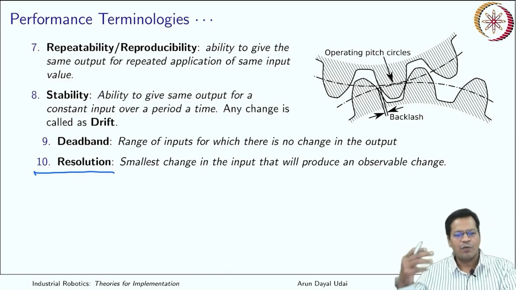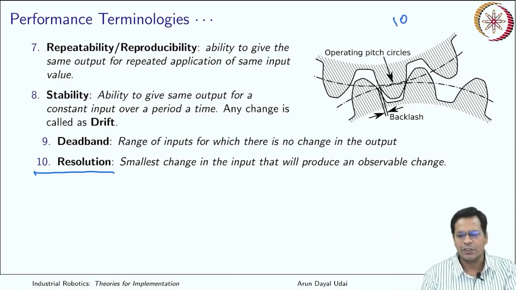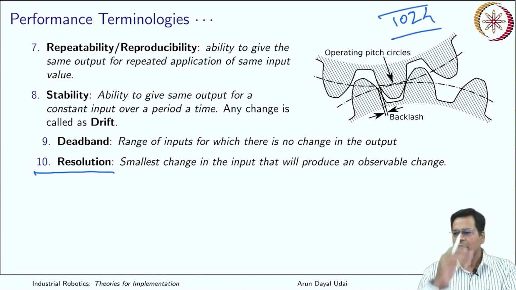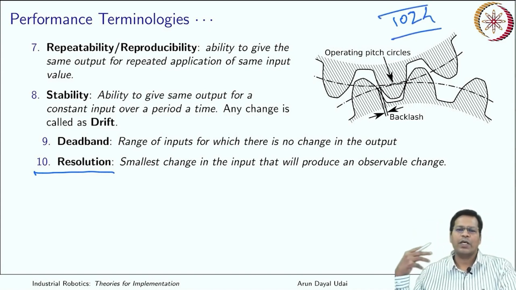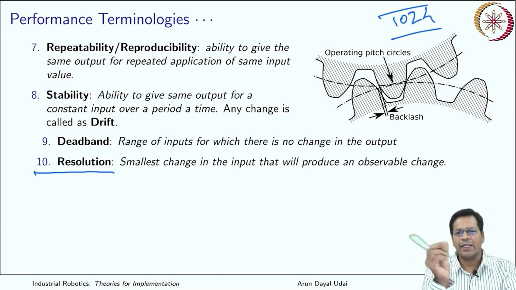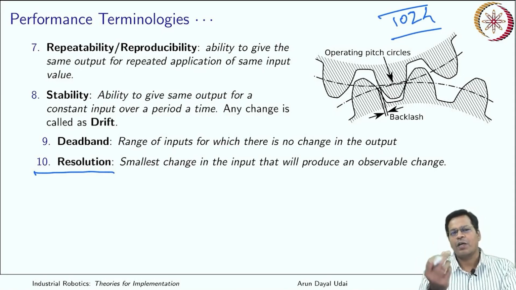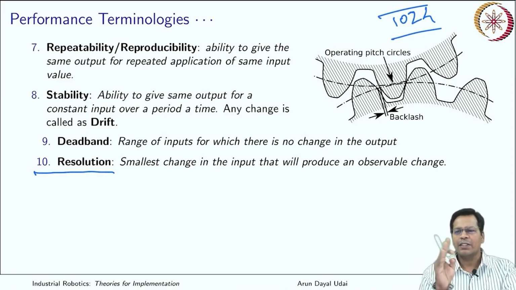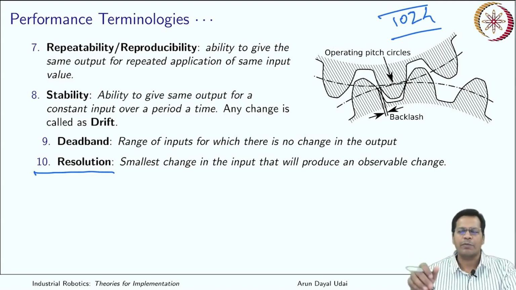Let's say you have 1024 graduations in your dial, which gives you an output in the case of an optical encoder. So you cannot see any displacement if it is less than 360 by 1024 angle. For that much small angle, it is not giving you any pulse. If it goes beyond that, definitely it will give you one high pulse.